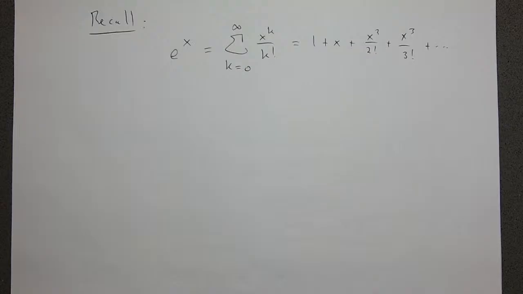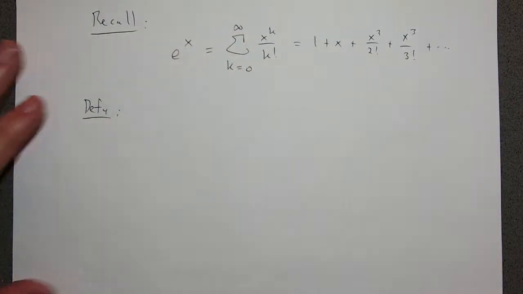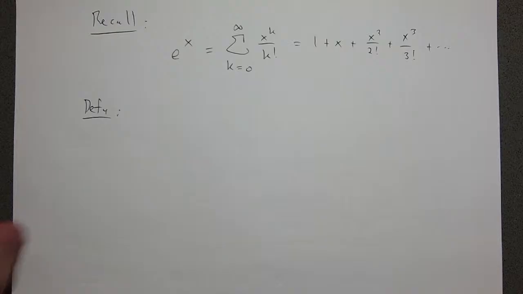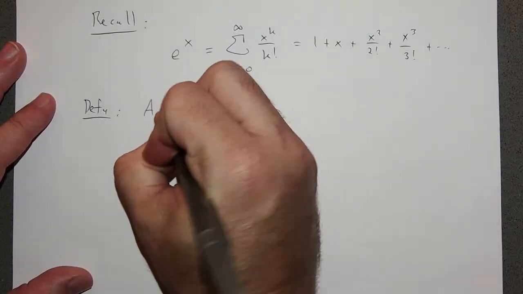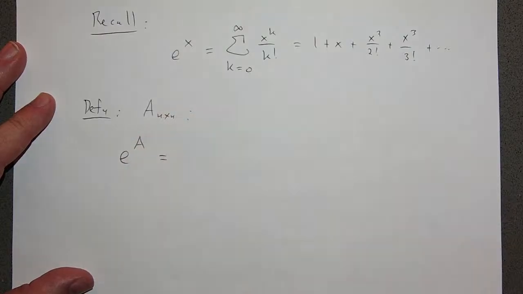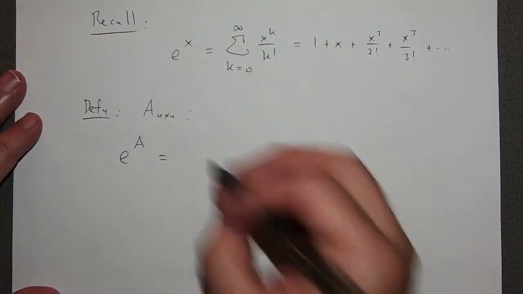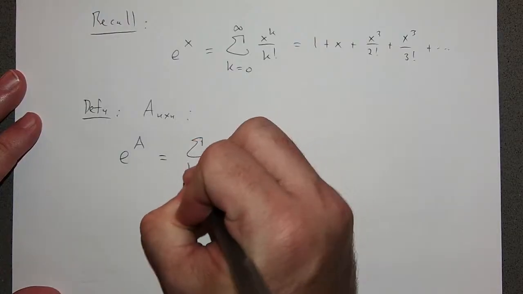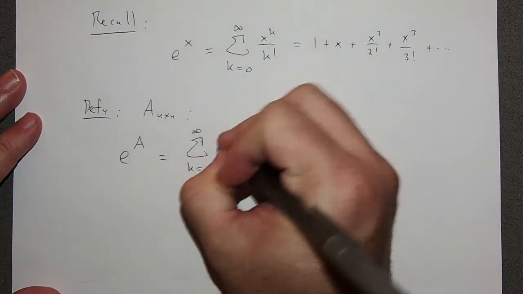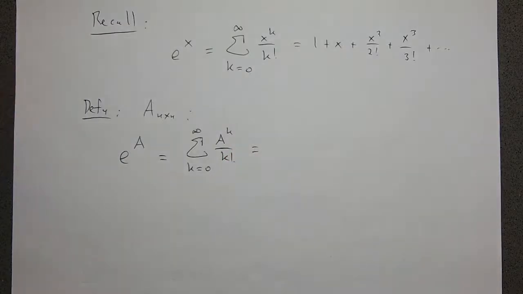Super nice. So then what's my definition for the matrix version of this? If A is an n by n matrix, what is e to the A? What if I just plug A in formally to this series? So now we have matrix powers here.